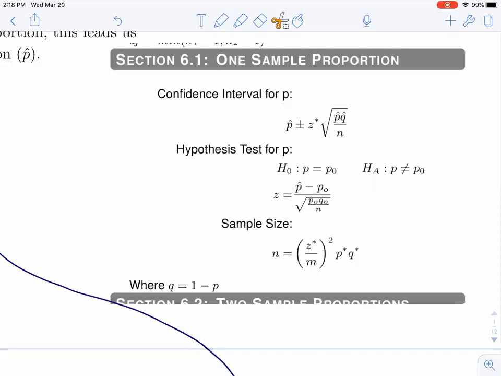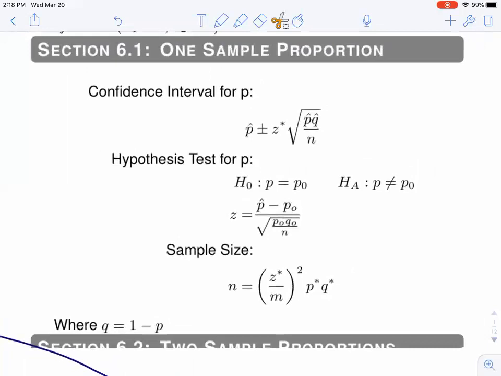Just the order. Okay. So if you have a look at your formula sheet, we've got a formula for the confidence interval. We've got a formula for setting up our null and alternative hypotheses. And wouldn't you know it? We're back to calculating z-scores.